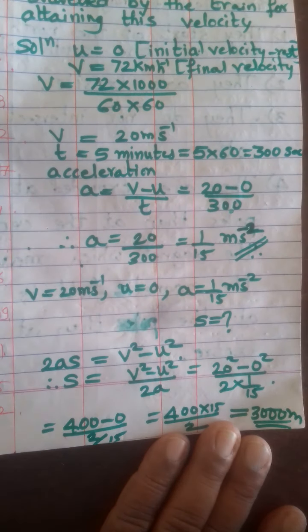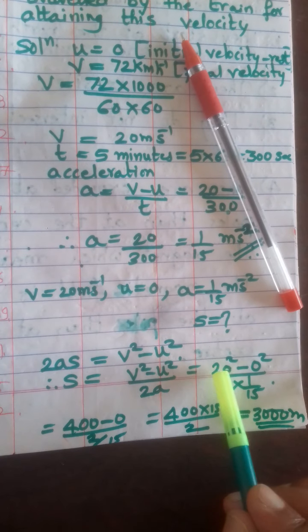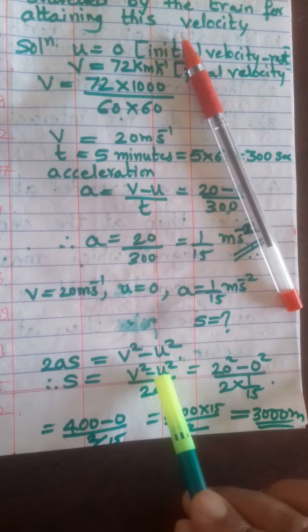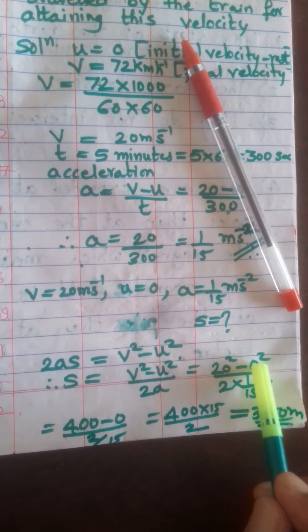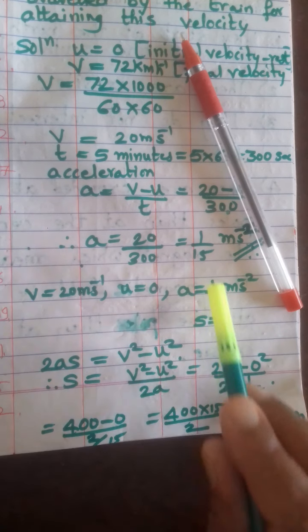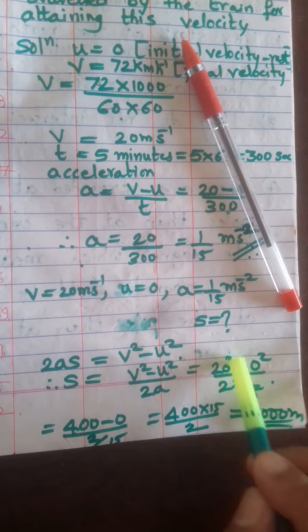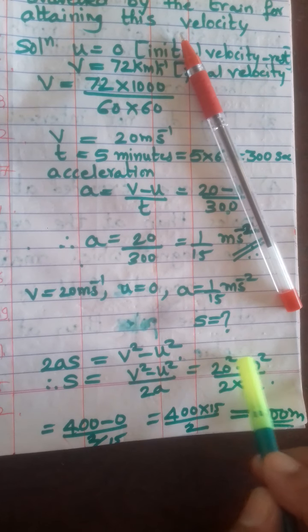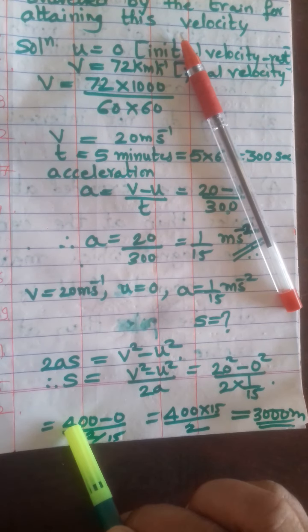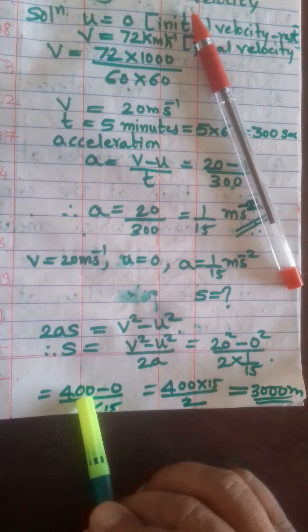Let us substitute the values. v is 20, so v square is 20 square. u is 0, so u square is 0 square. Upon 2 times acceleration, which we got as 1 by 15. 20 into 20 is 400.